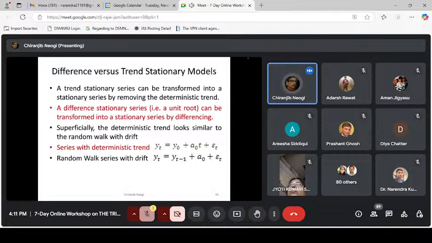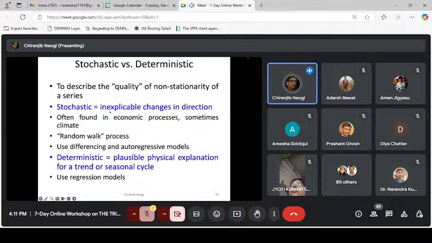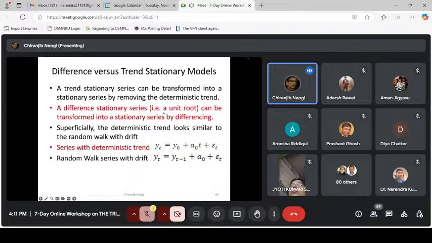So there are two things: one is difference stationary, another is trend stationary. A trend stationary series can be transformed into a stationary series by removing the deterministic trend. A difference stationary series, that is, with a unit root, can be transformed into a stationary series by differencing.